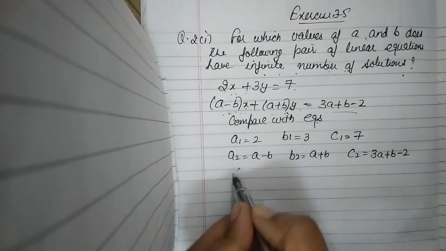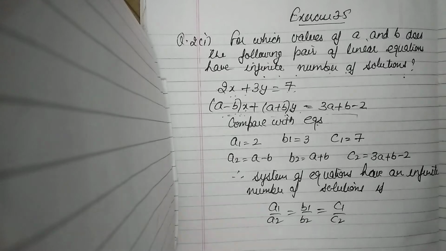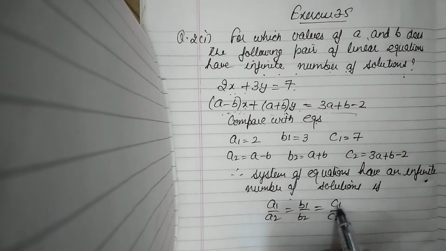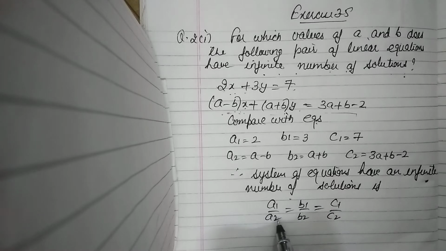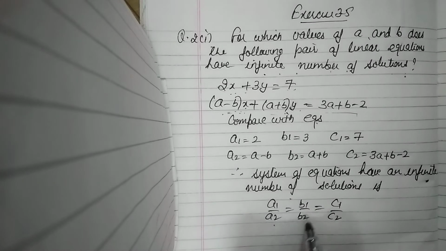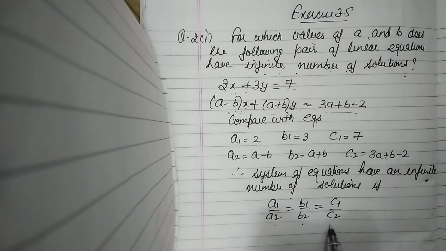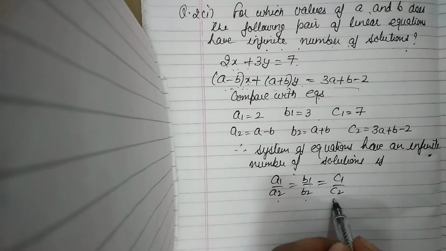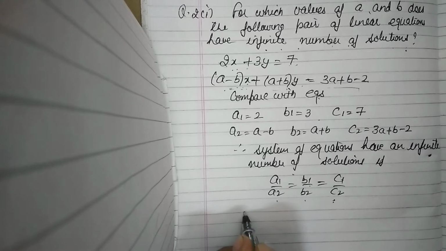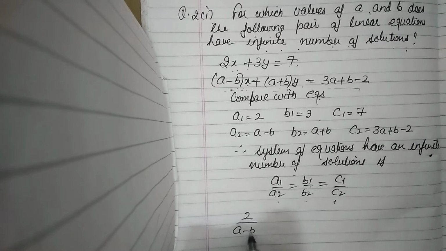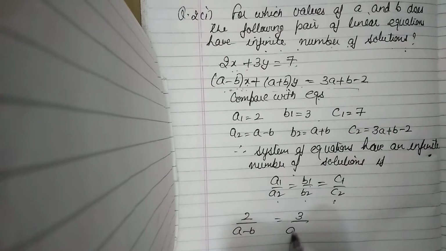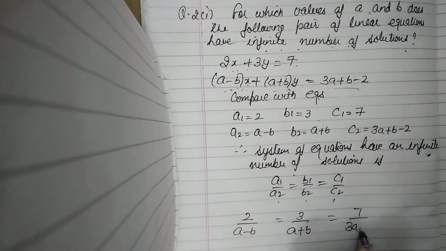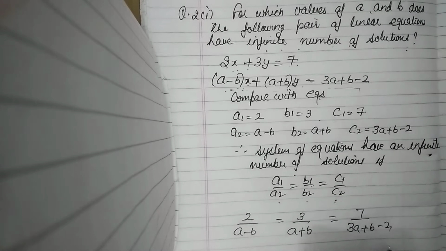So now, the system of equations has infinitely many solutions, so we can write that the ratios a1 upon a2, b1 upon b2 and c1 upon c2 are equal. Now substitute all these values in this equation. Now 2 upon a minus b equal to 3 upon a plus b equal to 7 upon 3a plus b minus 2.